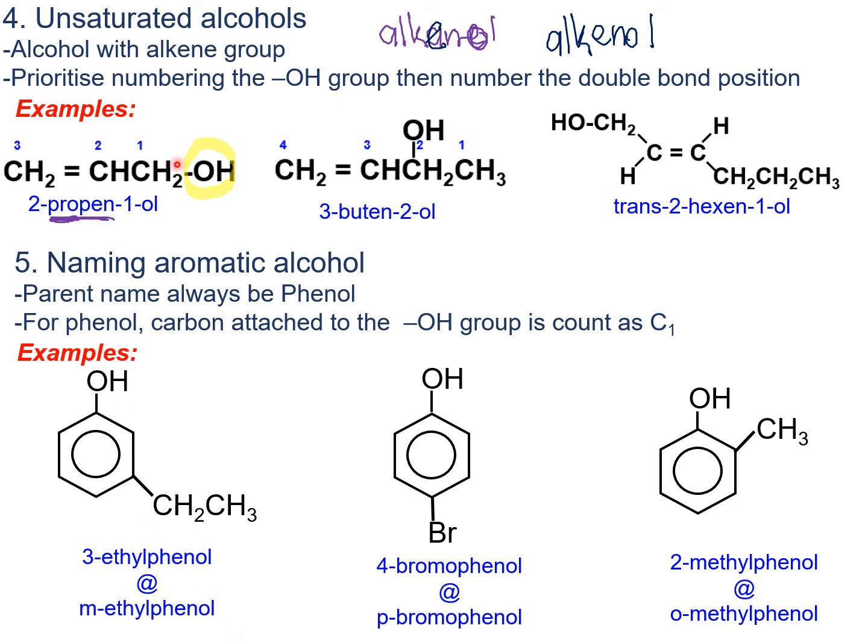Okay, lepas tu you need to prioritize OH no matter what. So, carbon number 1 kat sini ialah OH. Okay, so you need to numberkan the OH. So, if you see here, dia ada buat propene dash 1 ol kan. So, 1 ni melambangkan nombor dan kedudukan untuk alkohol ataupun hydroxyl OH ni.